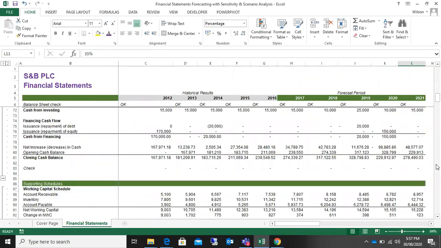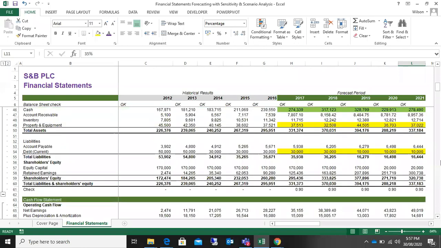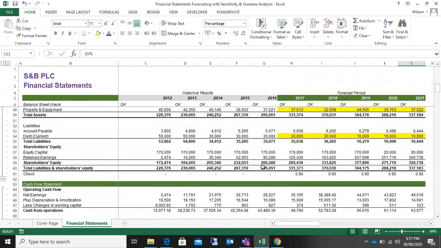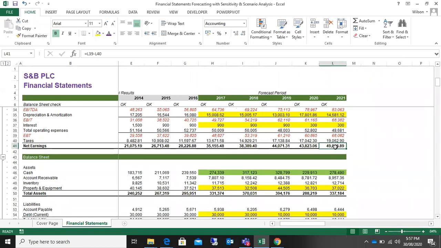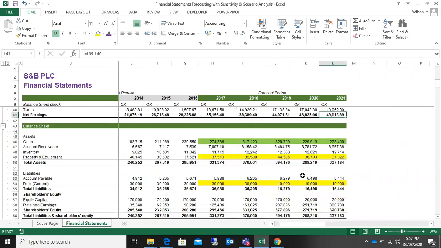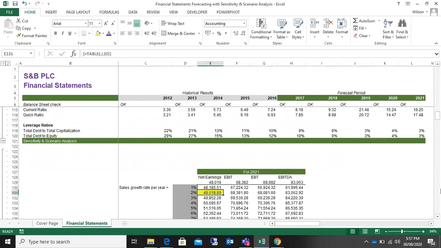Now, we are looking at the impact on net earnings, Abby. So what do we have for net earnings for 2021? You can see it's correct, isn't it? So net earnings for 2021 is 49,018.89, which is exactly the same thing we have here. Can you see that?